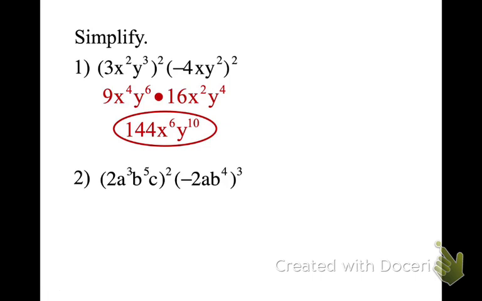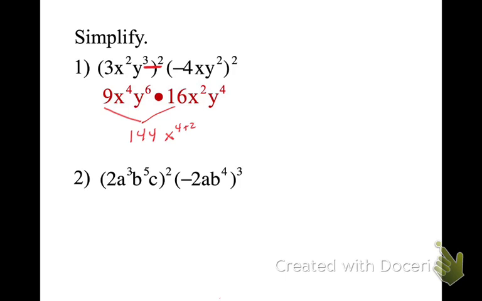Okay, so now remember, at this point, we're multiplying coefficient with coefficient, 144. We're doing x to the 4th plus the 2nd now. Now, there's no more parentheses. When we multiply, we really add the exponents. Only when we do power to a power do we multiply.